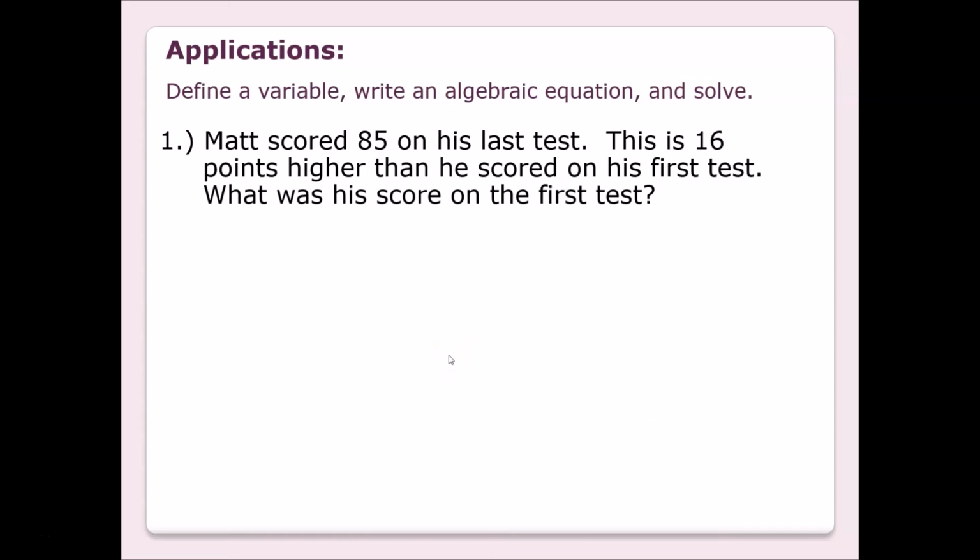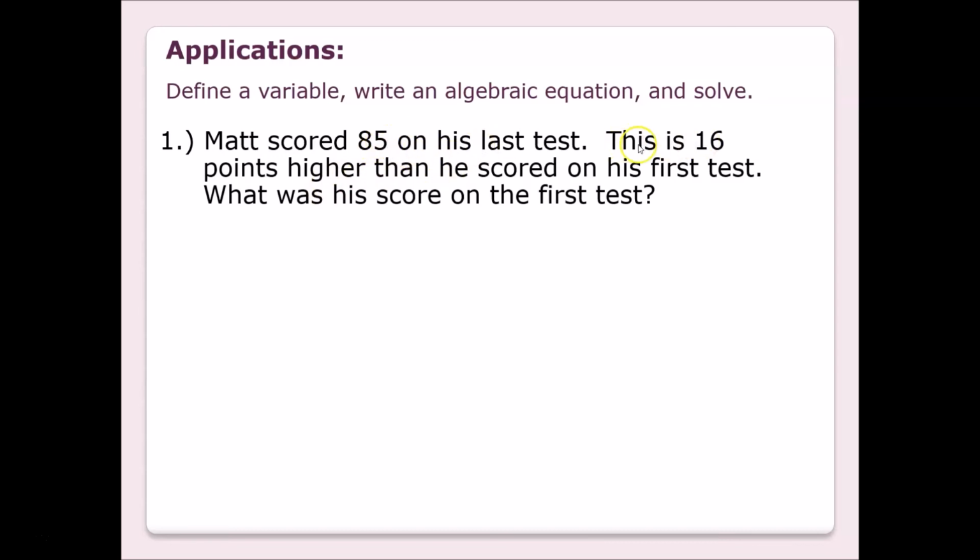So let's start with number 1. Matt scored 85 on his last test. This is 16 points higher than he scored on his first test. What was his score on the first test? What are the givens? 85 is the score on his last test.